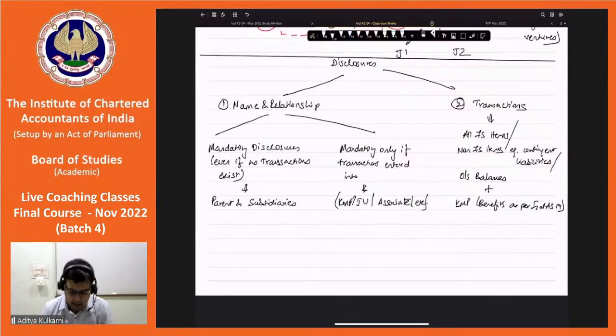In the case of parent and subsidiaries, there is one disclosure that is of importance to you.